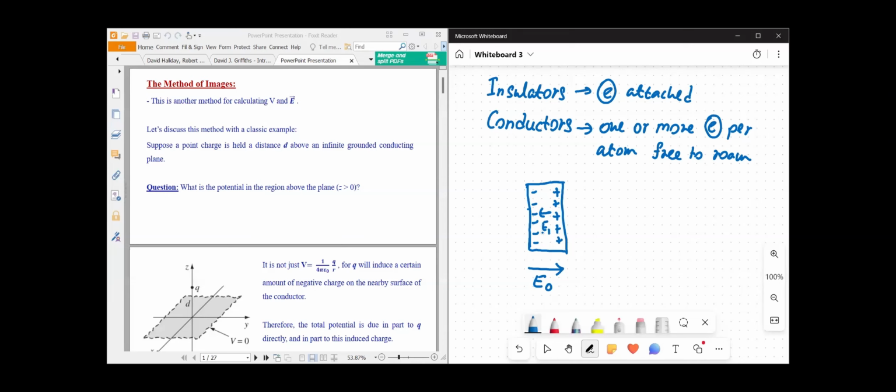Because of that, E1 and E0 are opposite in direction and the magnitudes are the same. Therefore, inside the conductor, the electric field will be 0. So considering conductors, the first thing we learn is that the electric field is 0 inside the conductor.